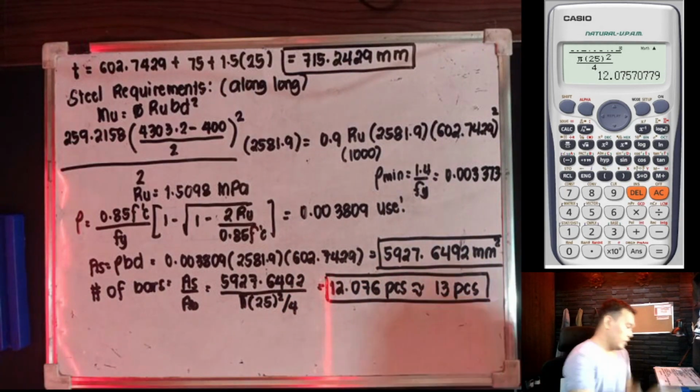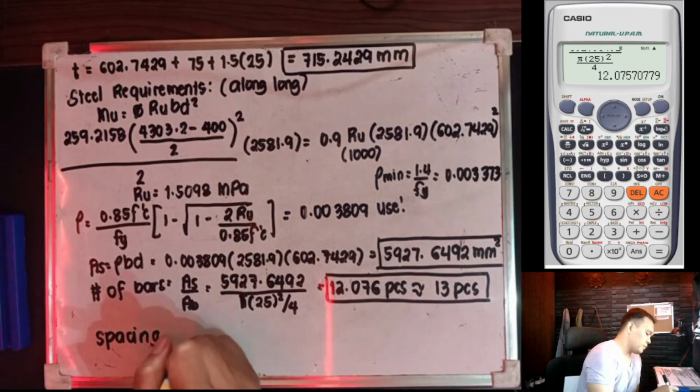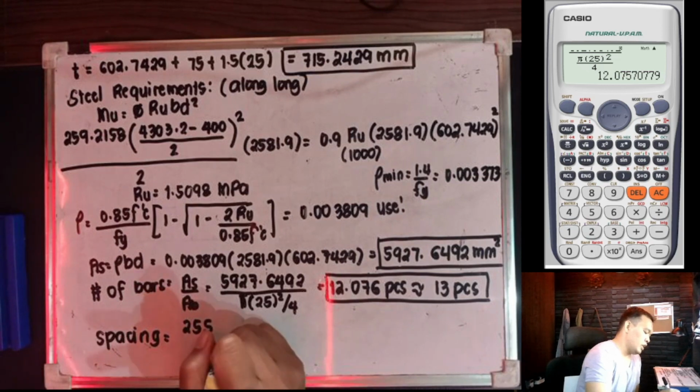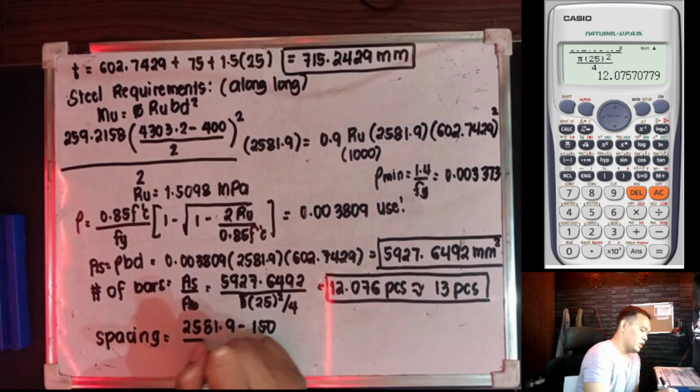Okay? So we have here spacing. Spacing is equivalent to B, which is 2581.9 minus 150 all over 13 minus 1.